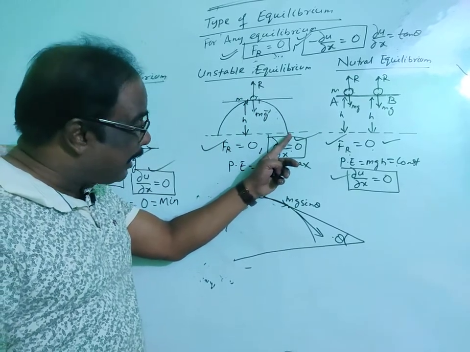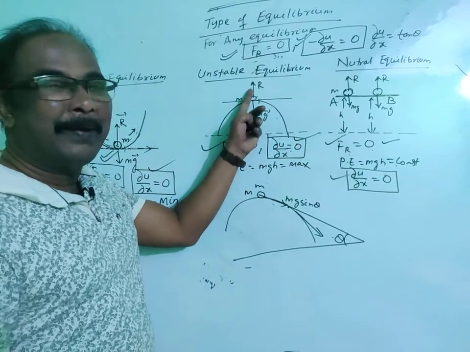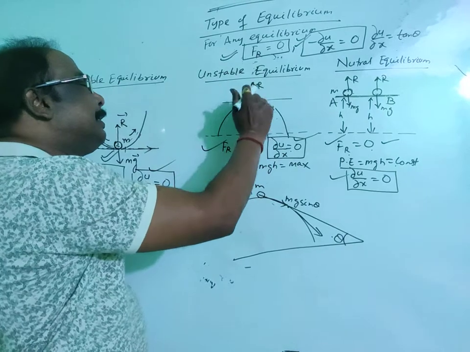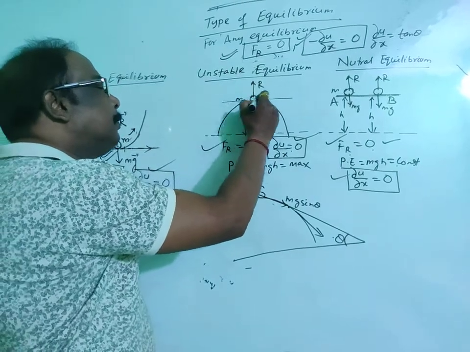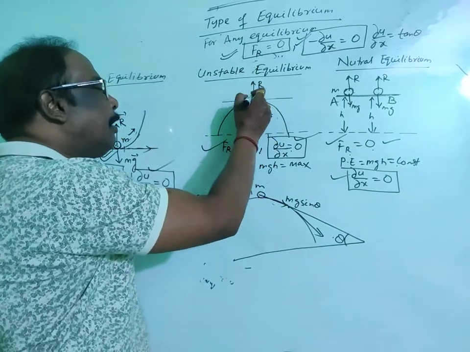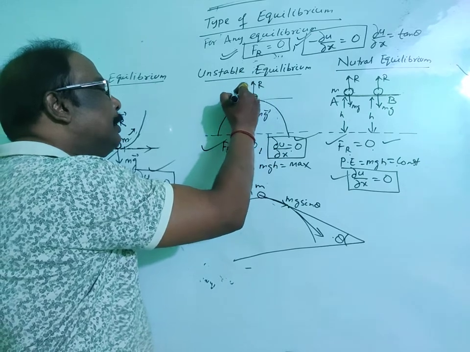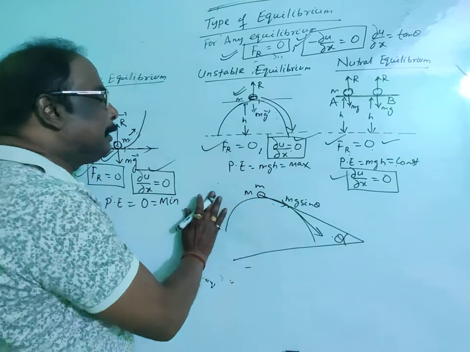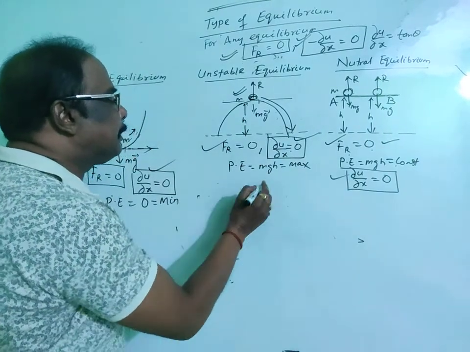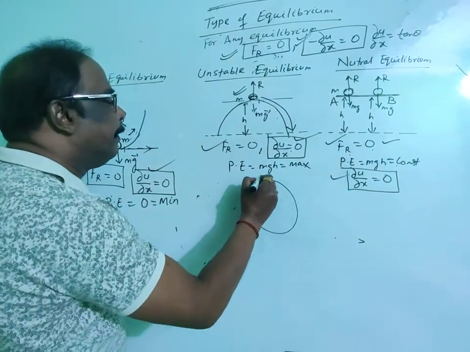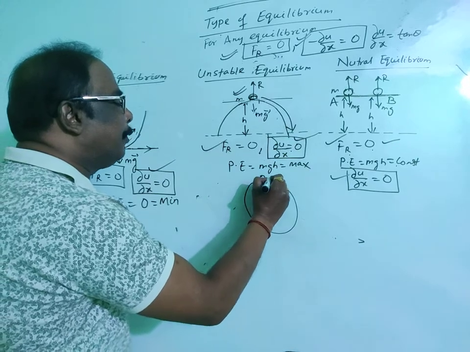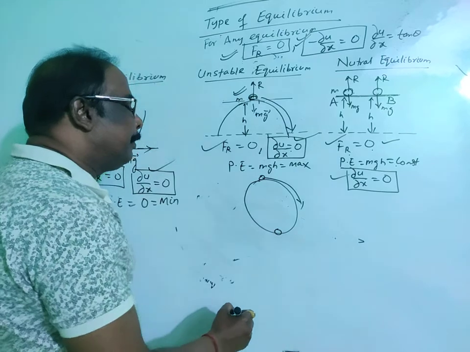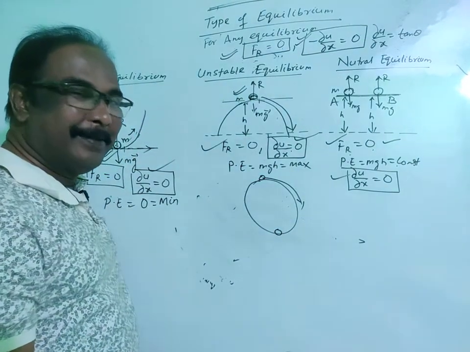So it can't again return back to its original position. If once the body is disturbed, it can't retain its original position, but it will move down. If it is a complete sphere, if it is tilted a little, it will move down, and finally it will come to stable equilibrium.